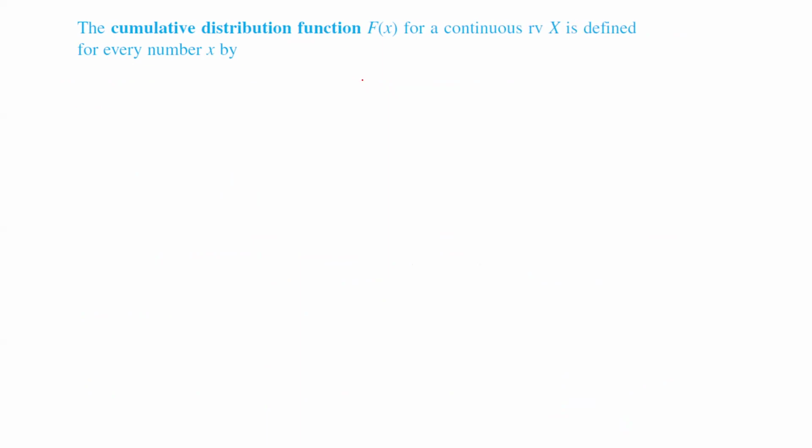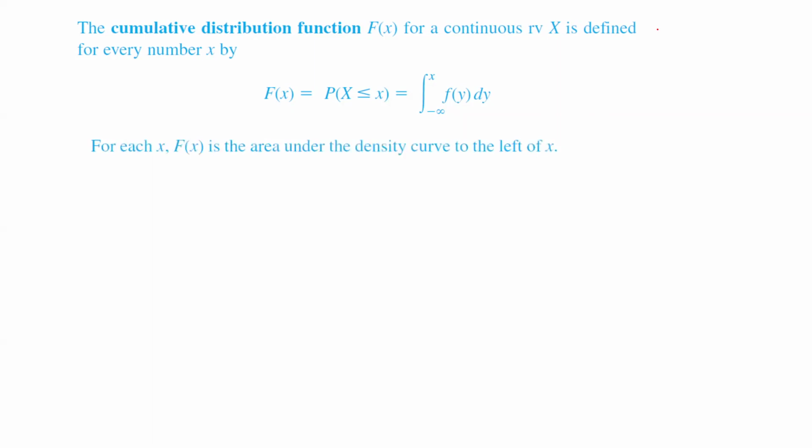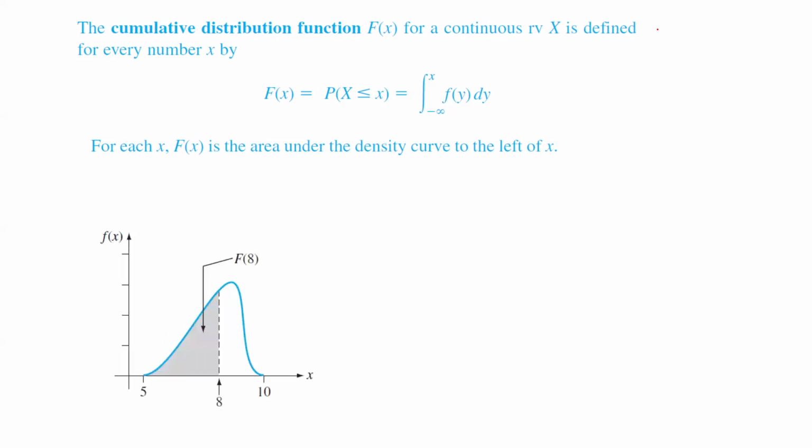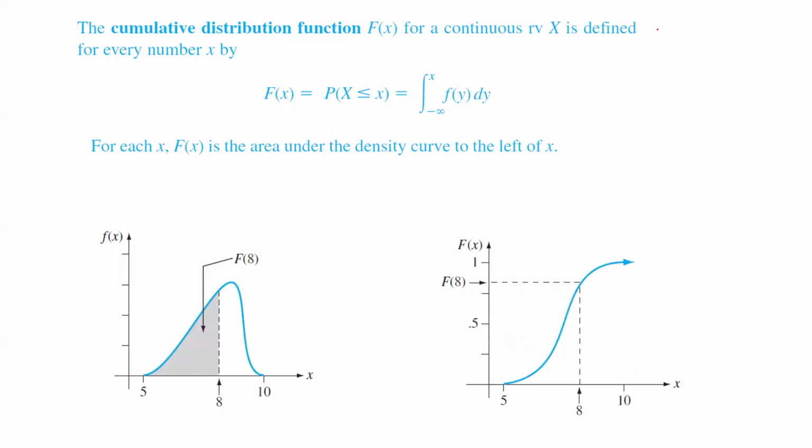The cumulative distribution function F of X for a continuous random variable X is defined for every number X as F of X, which is the probability that X is less than or equal to X, defined as the integral of f of Y dy, where Y ranges from negative infinity to X. For each X, F of X is the area under the density curve to the left of X. We can visualize both the cumulative distribution function and the density curve.